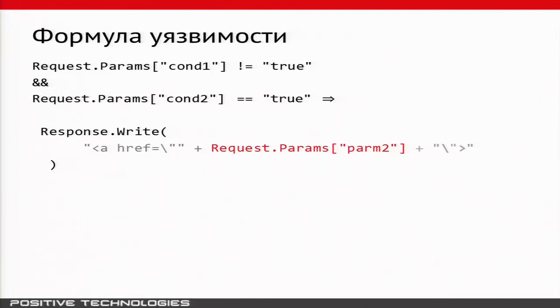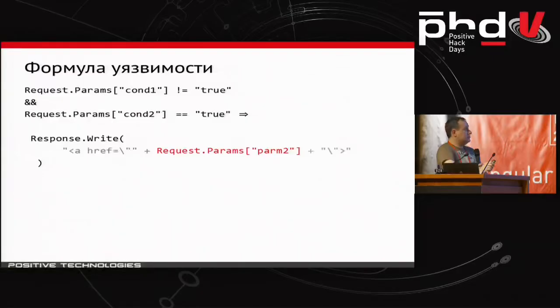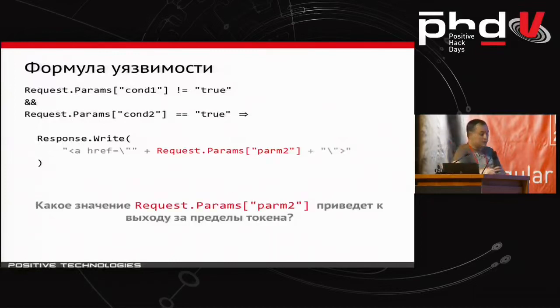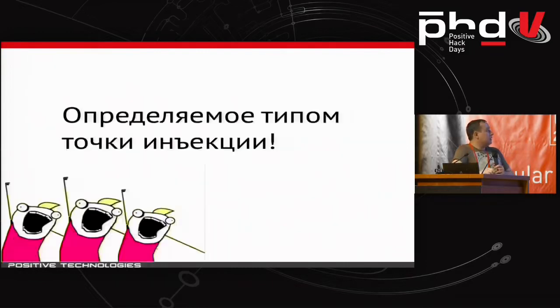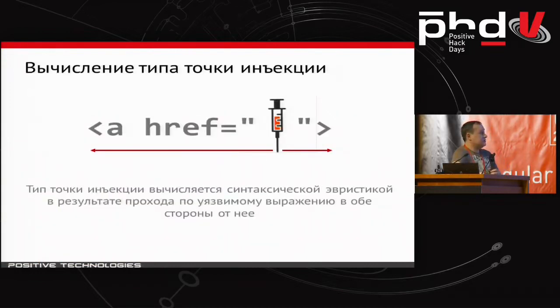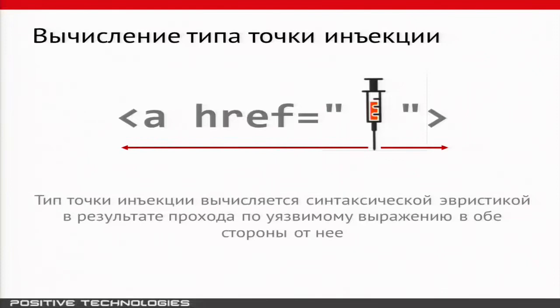Once con1 is not true and con2 is true, there's another question that we still lack: to get this injection, what should be the value so that we get beyond the token or attribute? So here we determine the type of injection, which is quite trivial.